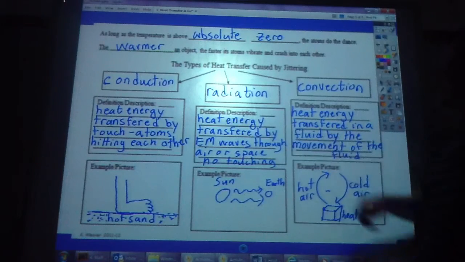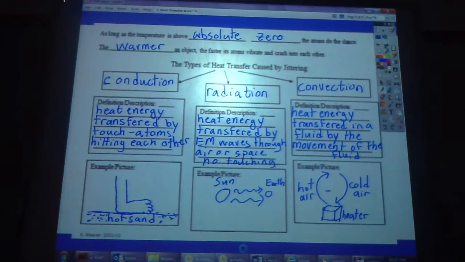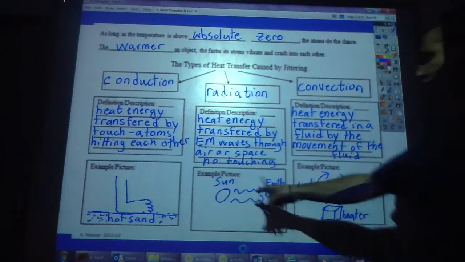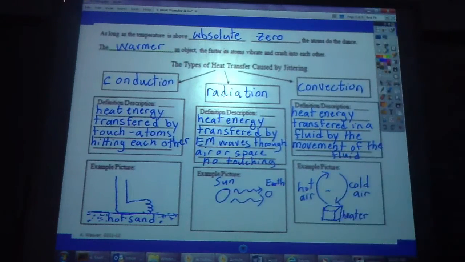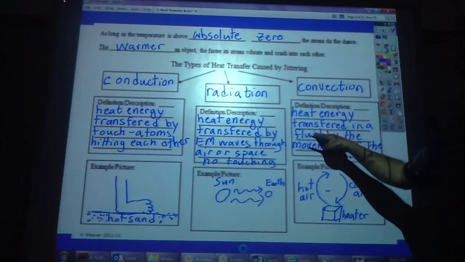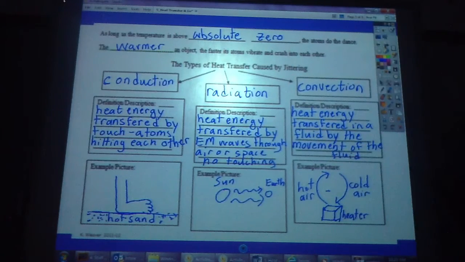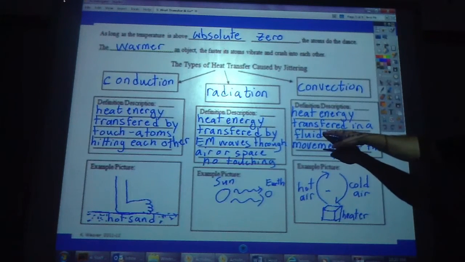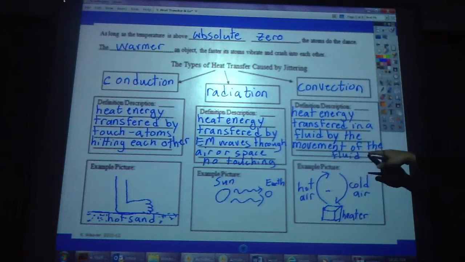Radiation is heat energy transferred through electromagnetic waves through air or space, but not touching. The sun sending its energy to the earth. And convection is heat energy transferred in a fluid. Now fluid is defined as anything that flows, so a gas or a liquid is a fluid. And it's transferred by the movement of the fluid.